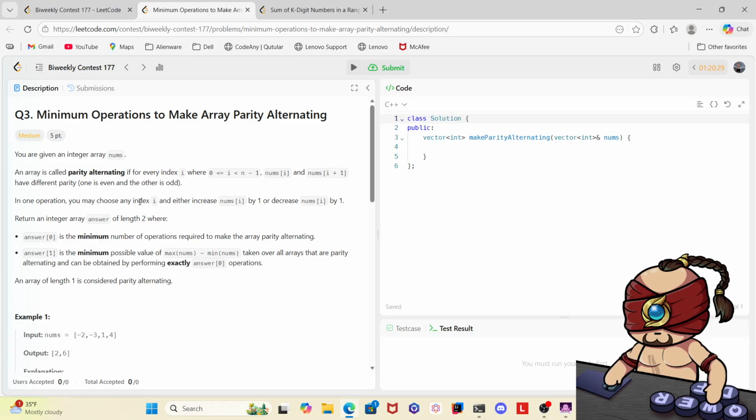Choose index I to make it parity alternating. Okay.